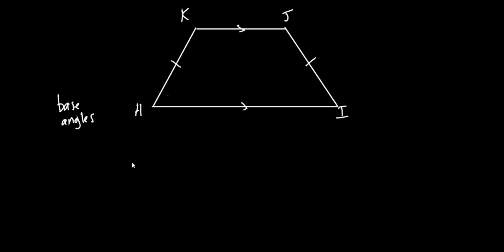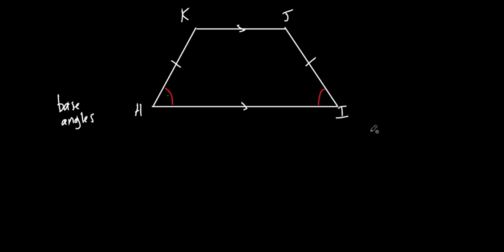But here's the new stuff. Here's what we did not learn when we first learned about isosceles trapezoids. We have a theorem that says the base angles of an isosceles trapezoid are congruent to each other. So this is the base angle to this base, HI. What's the other base angle to HI?